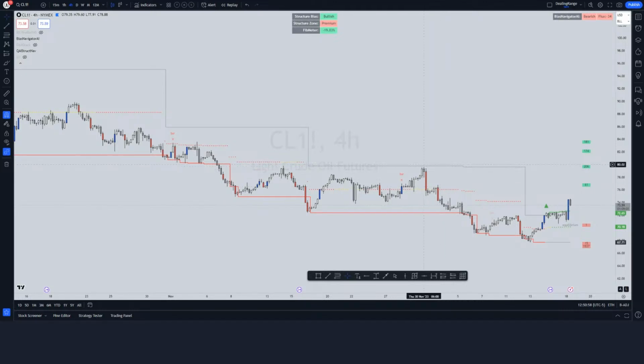But then the next level is this one here, and this is a much bigger level, and you can tell by the number as well. So the higher the number, the more important, the more significant that level is. So this level here has a lot more draw than, for example, this level here that's only printing a 1.